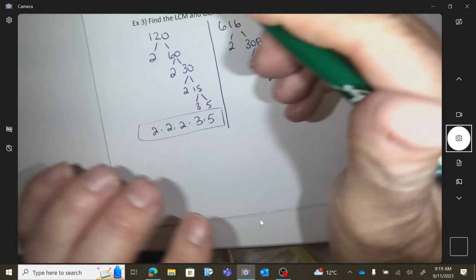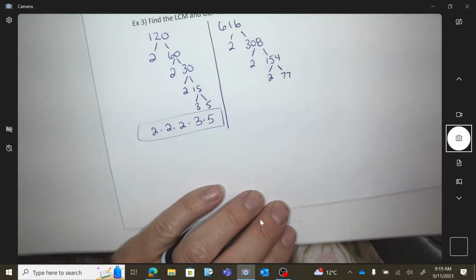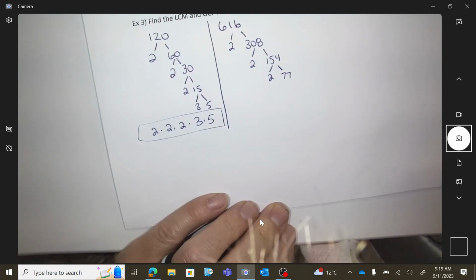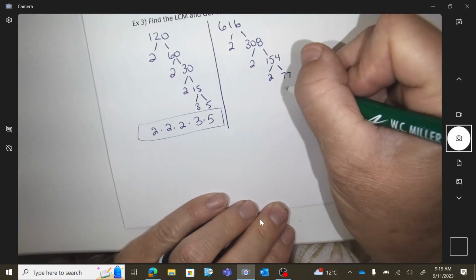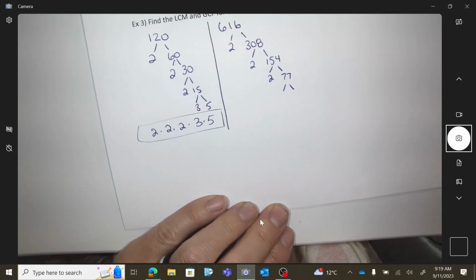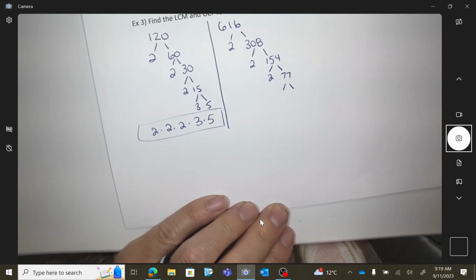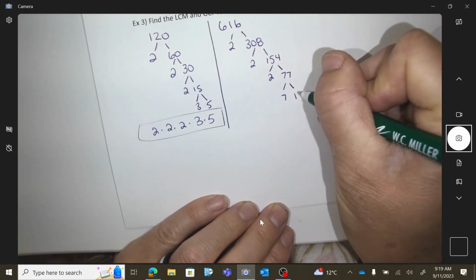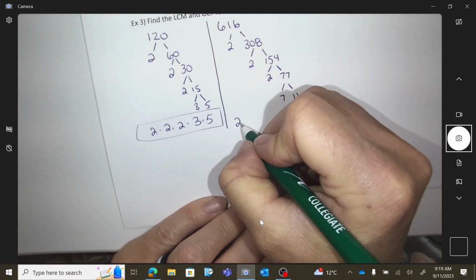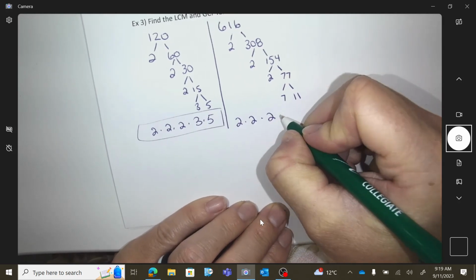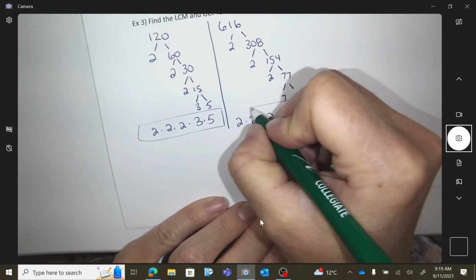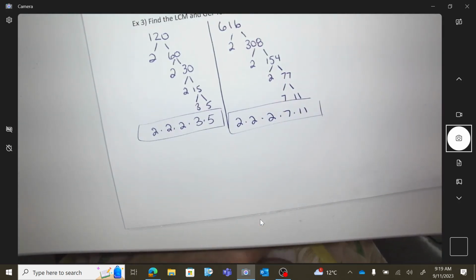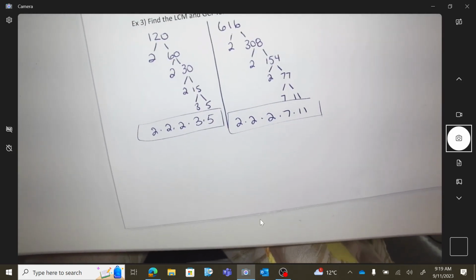So divide it by 2 again. 77. Can anybody think of what would multiply to 77? 7 and 11, yep. So 2, 2, 2, 7, 11. So that's called its prime factors.